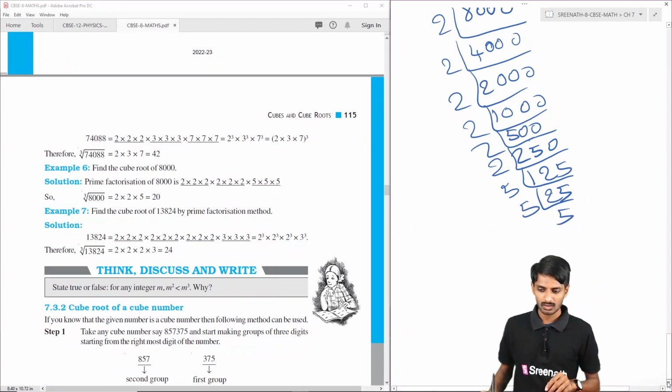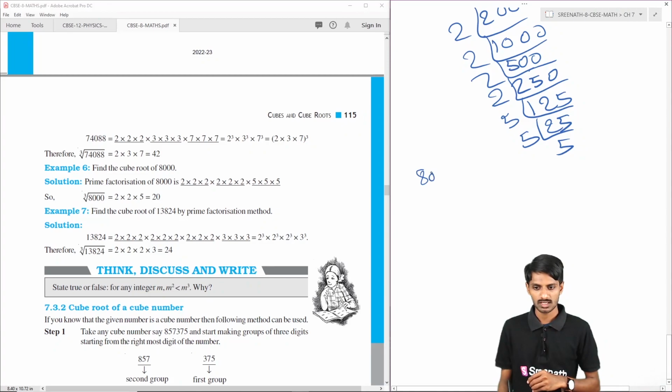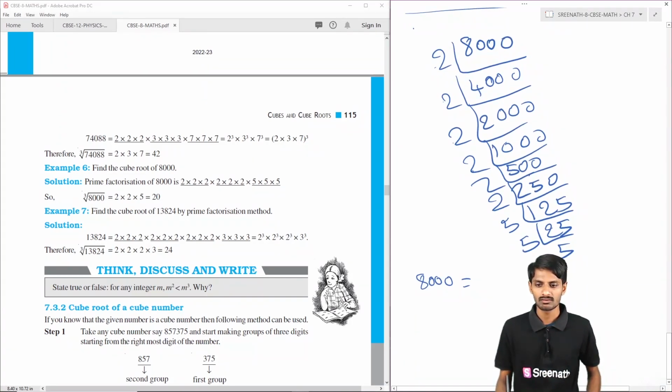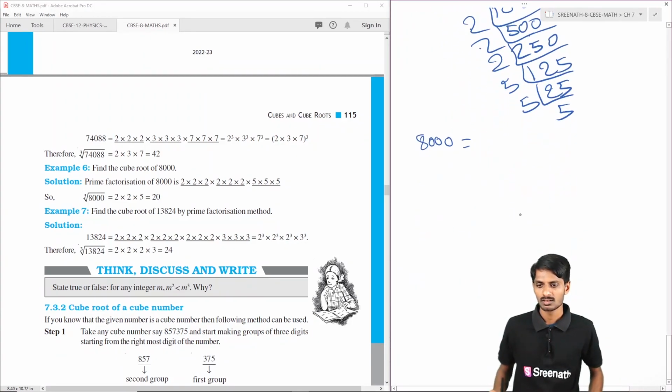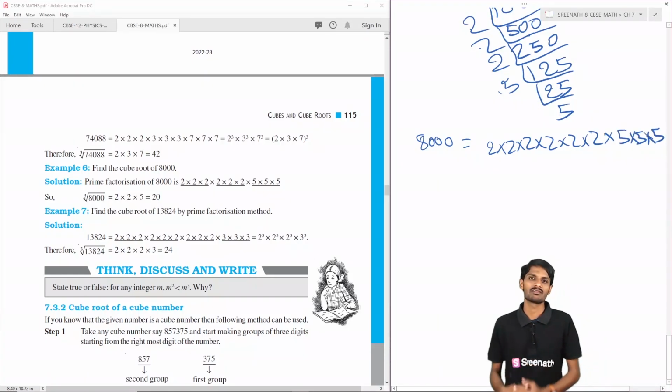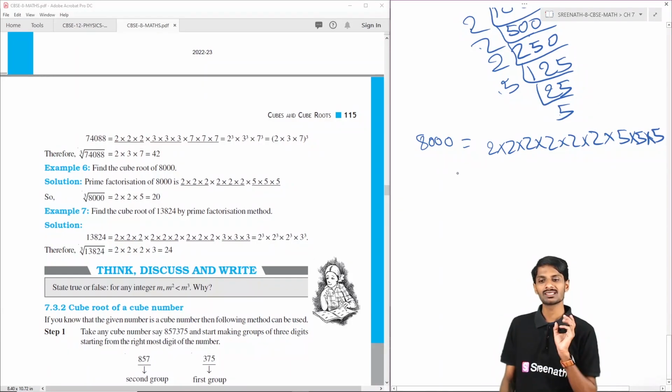So for 8000, if you count, how many 2s are there? 1 2 3 4 5 6, there are 6. And how many 5s? 3 fives. So what I have told you, after completing the prime factorization, make groups of 3.